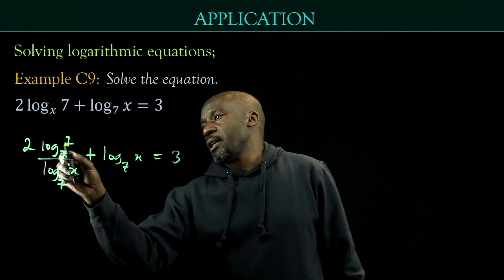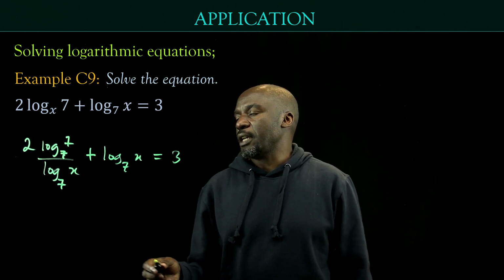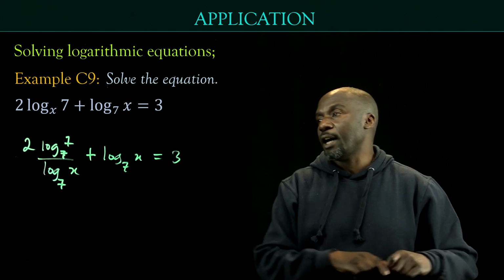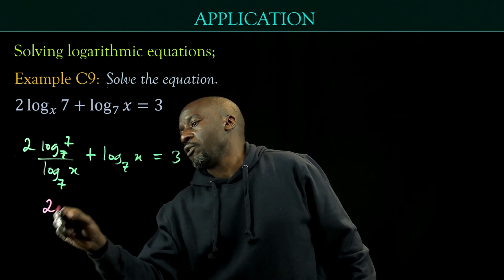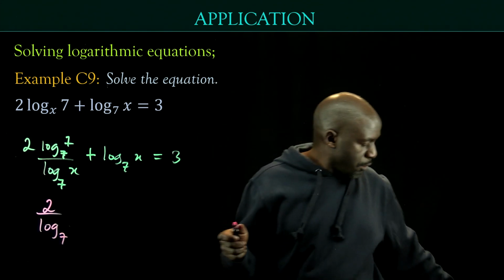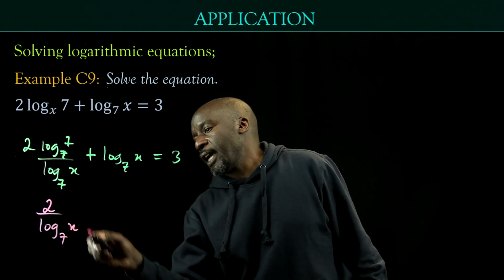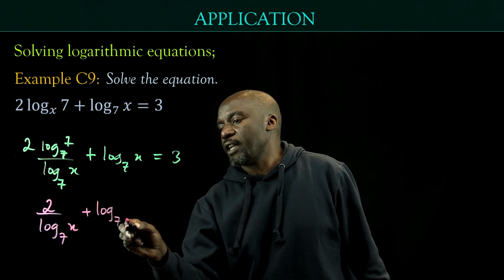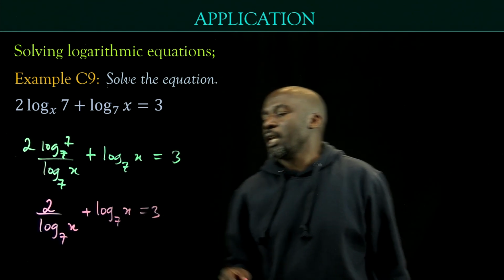I can write this. This is log base 7 of 7, which is effectively just 1. And so I can write this as 2 divided by log base 7 of x, and I'll add that to log base 7 of x equals 3.